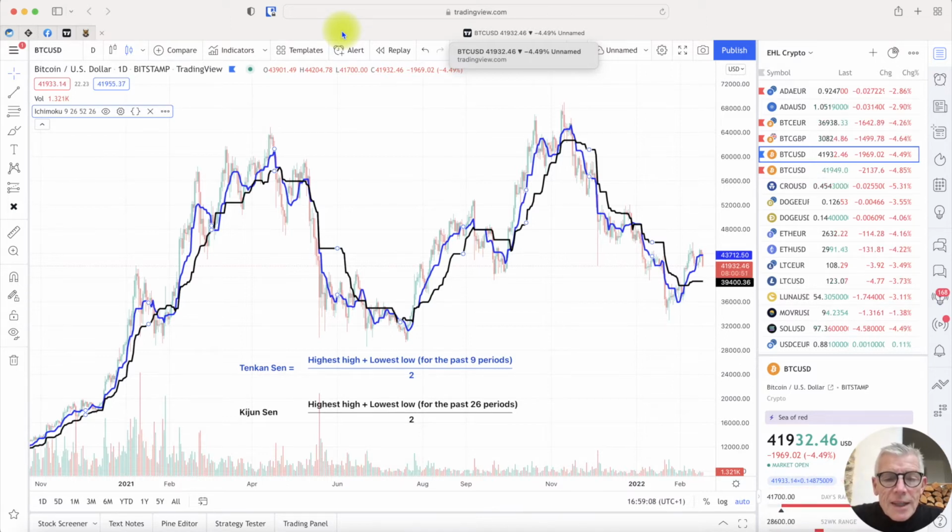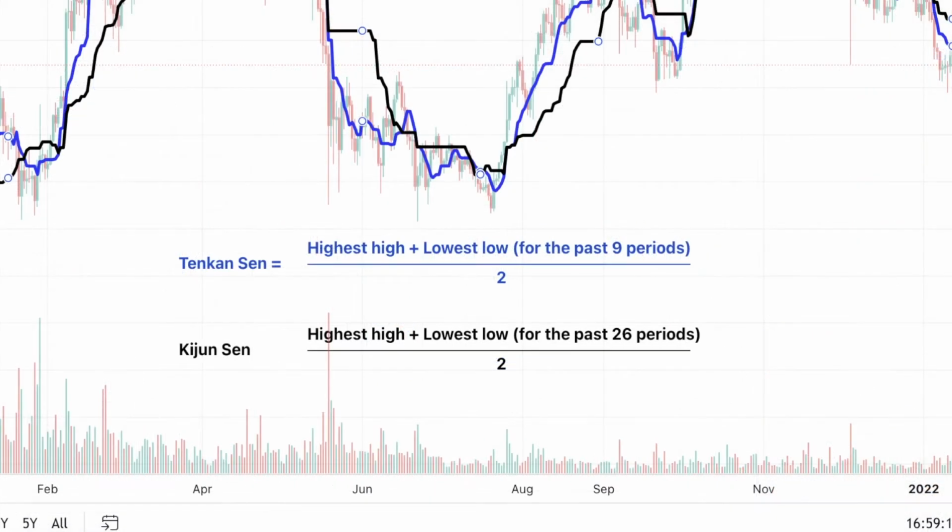First of all, we have Tenkan Sen, which is the blue line, and the Tenkan Sen is calculated like this. It's the highest high in price plus the lowest low in price divided by 2 for the last 9 periods. Since this is a day chart, each period is a day, so it's calculated over 9 days.